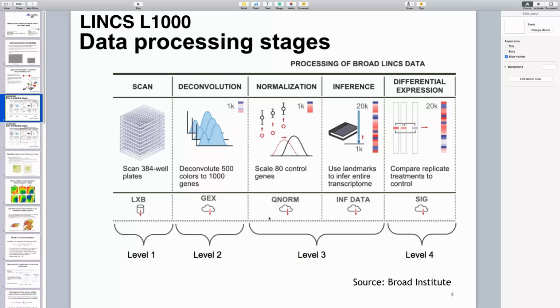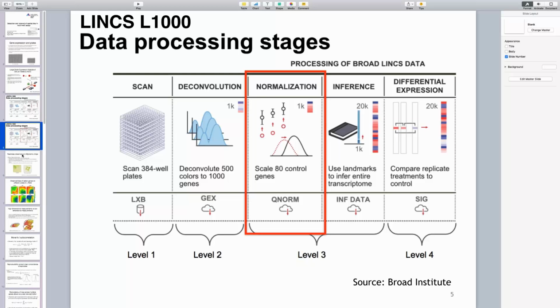And then after some normalization, we get this Q-norm data, which is basically just the landmark genes and their expression. I will not talk about the inferred data at this point, but basically everything I talk about also applies to the data once it's inferred. So we talk about the Q-norm data.